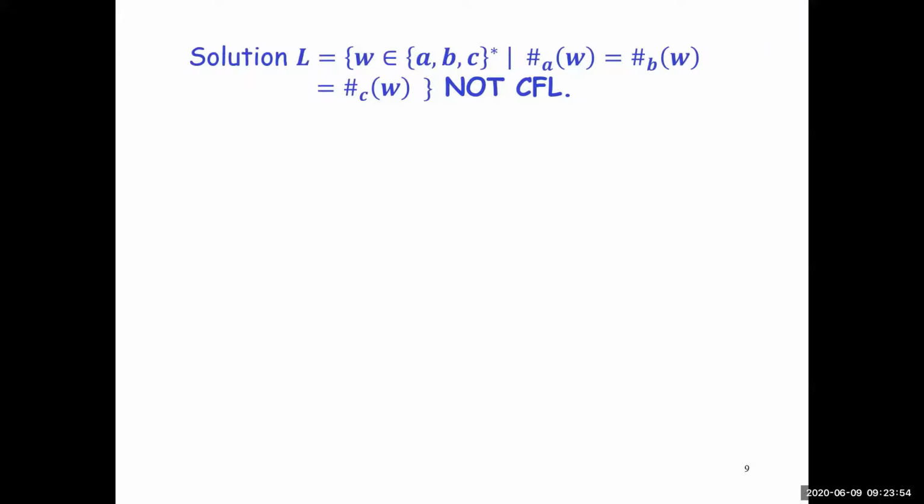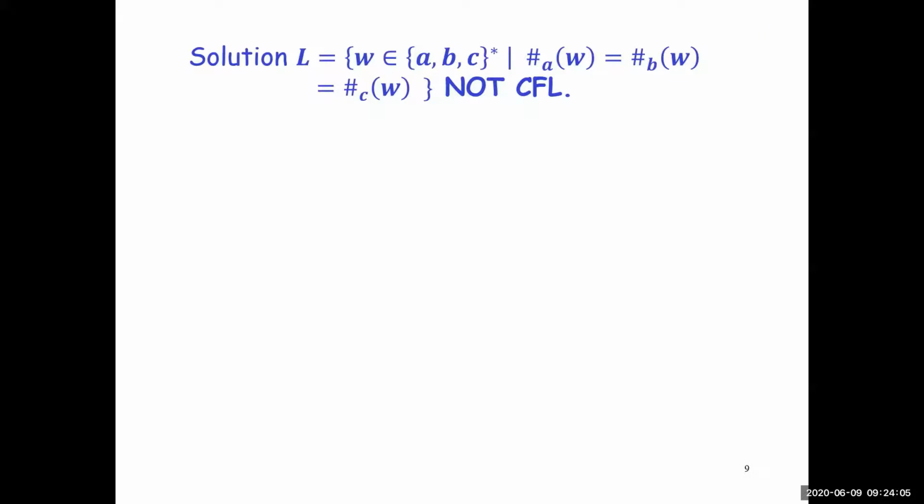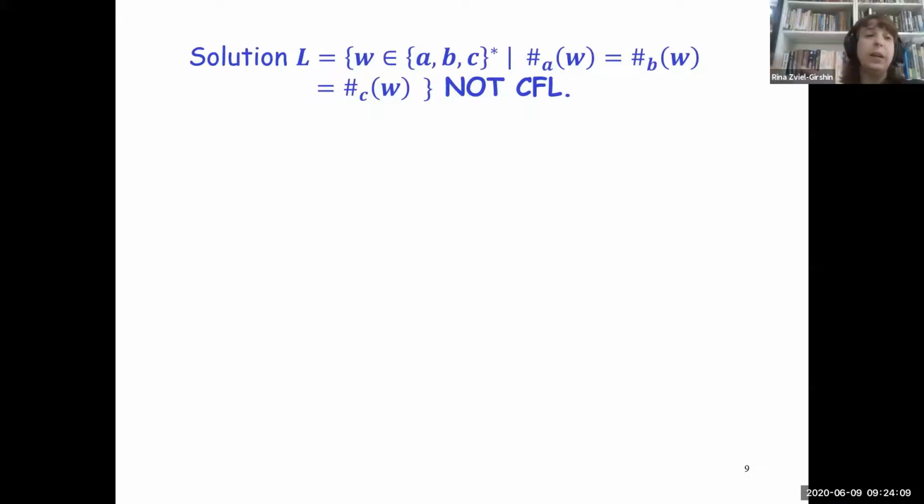We can basically change it to a to the power of n, b to the power of n, c to the power of n. No, it's not the same, but it's a subset, because you may have A's in the prefix but also A's in the suffix, with B's and C's in between.